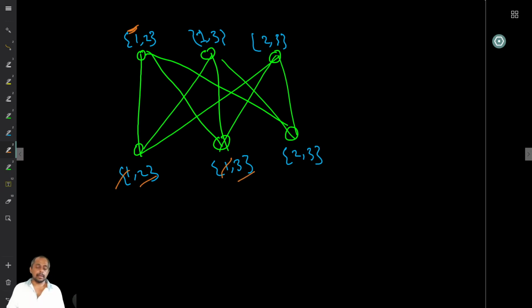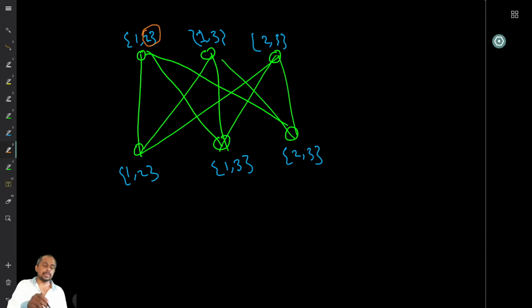Now if I use colors 2 and 3 here, I cannot color this vertex, because that vertex has only the colors 2 and 3, but 2 is used here and 3 is used here. So I cannot do it. If I start with color 1, I cannot do it, so I definitely need to use color 2 here.